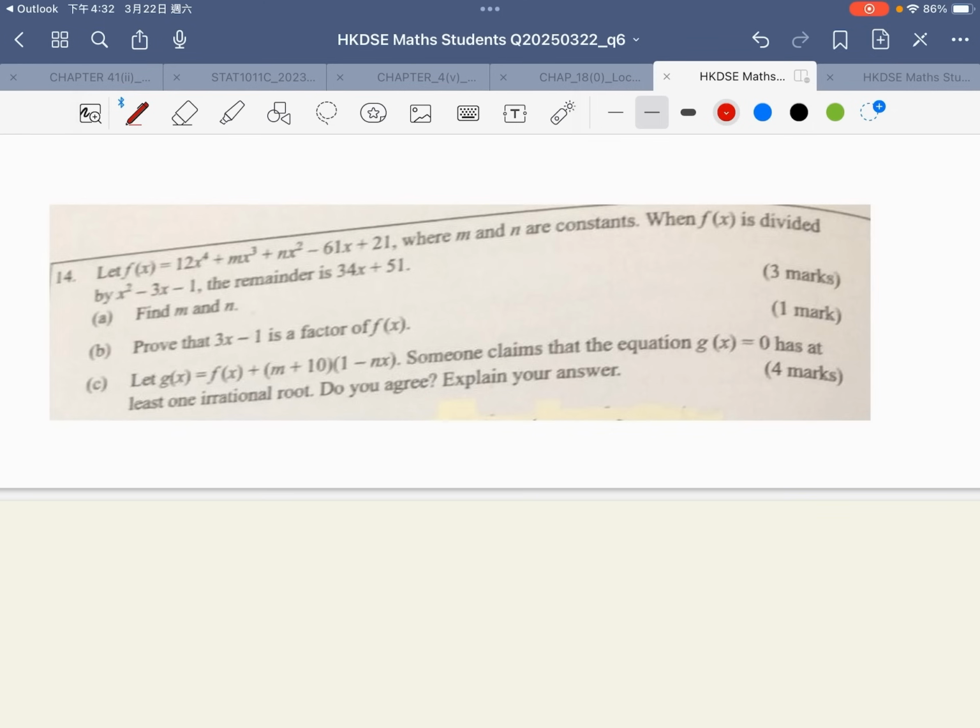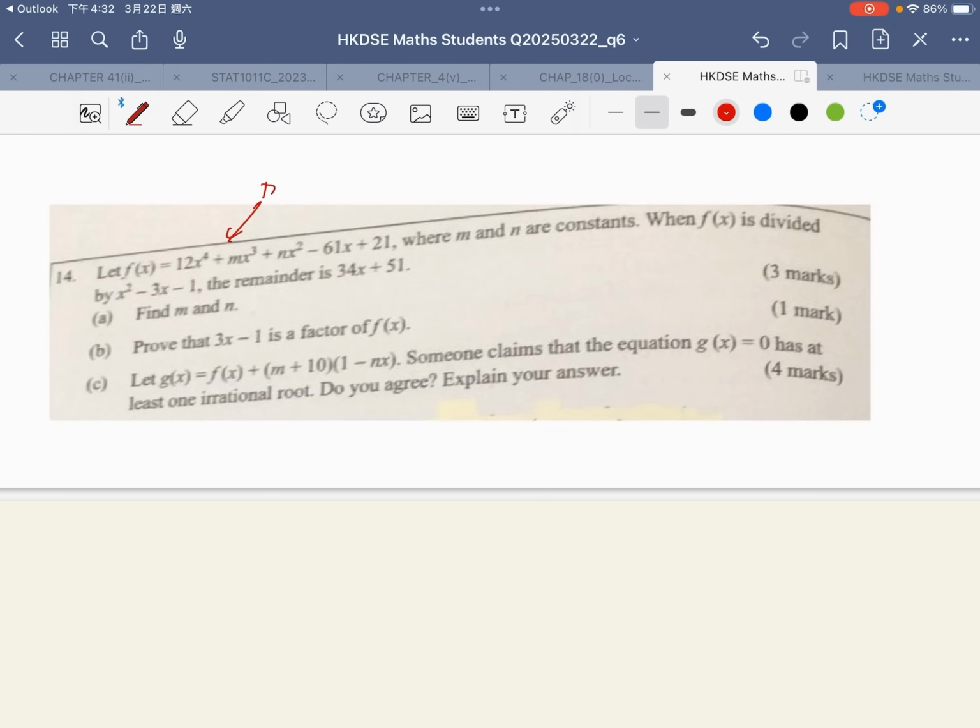Now let's look at this question. f(x) equals 12x to the power 4 plus mx to the power 3 plus nx to the power 2 minus 61x minus 21. M and n are constants. When f is divided by x squared minus 3x minus 1, the remainder is 34x plus 51.